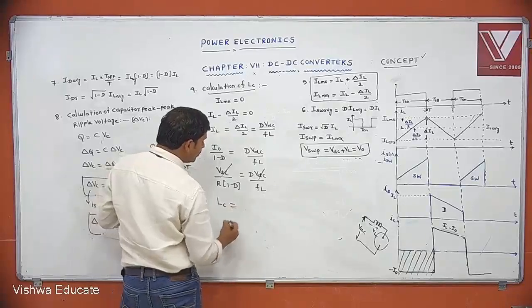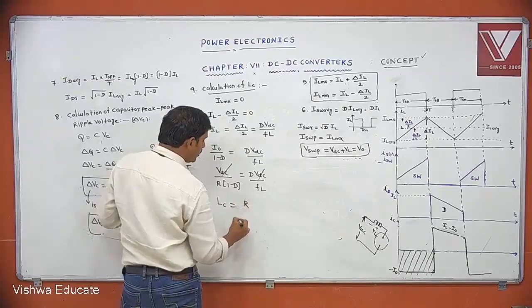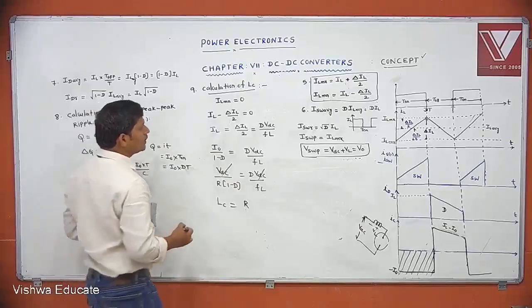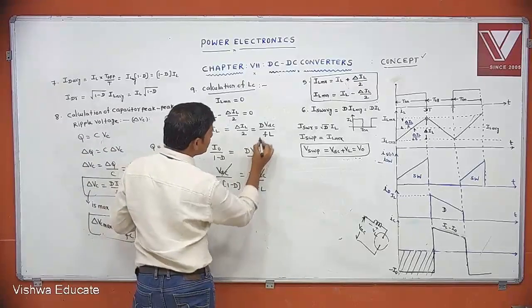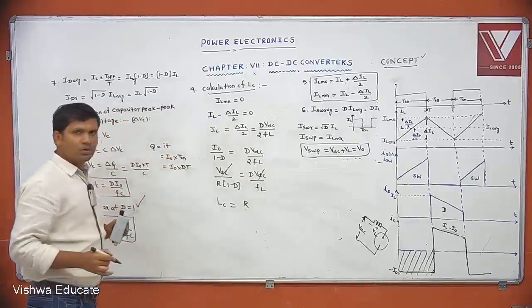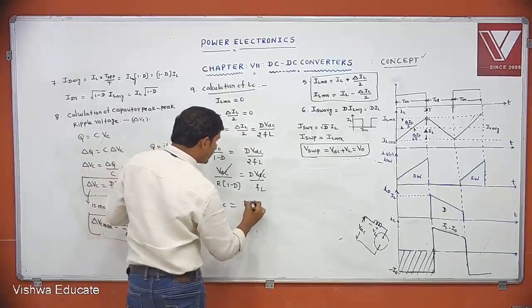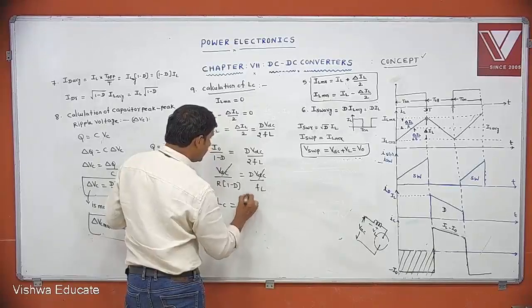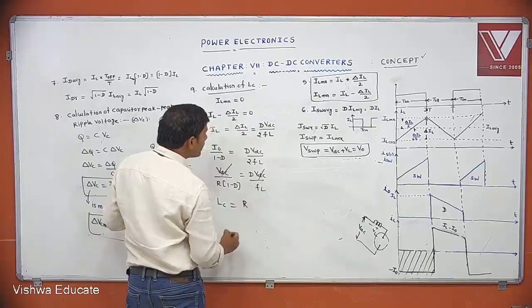LC equals R into 1 minus D, over 2FL. LC equals R into D into 1 minus D.